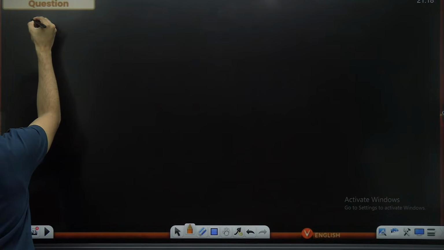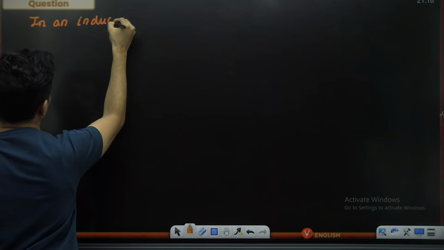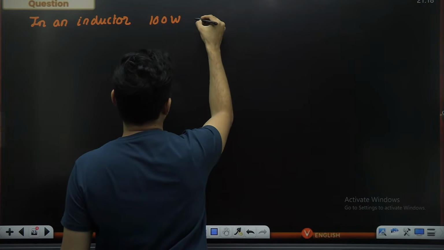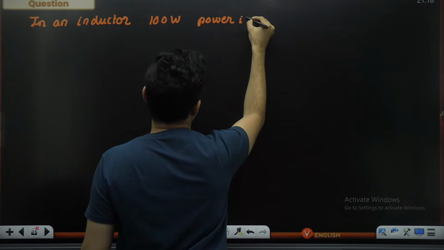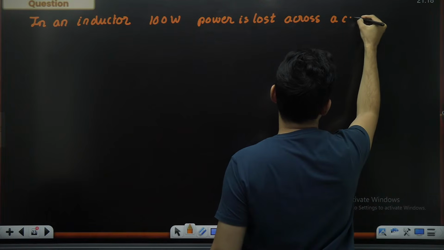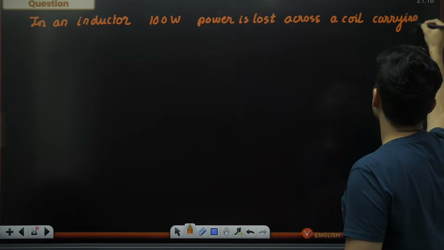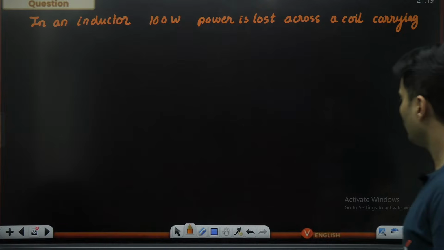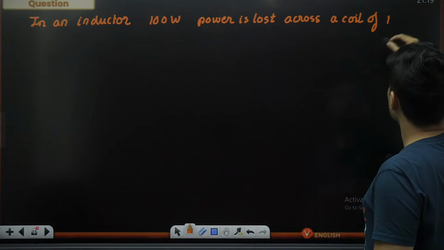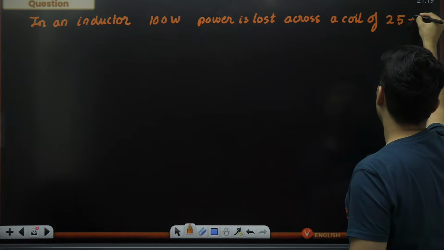Imagine in an inductor, 100 watts power is lost across a coil carrying, across a coil of, let's say, 25 ohms.